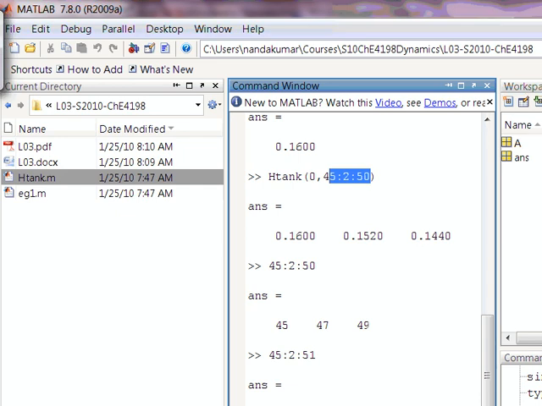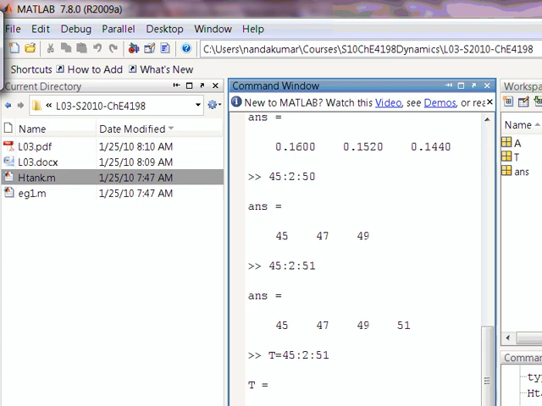If I say, for example, t equal to this, what is going to happen to the workspace array? See carefully. Previously, it just output the numbers. Now it's creating the numbers and sending them to a variable t.